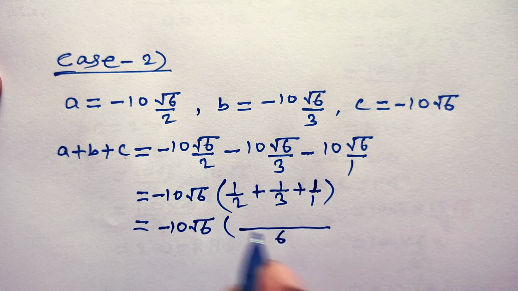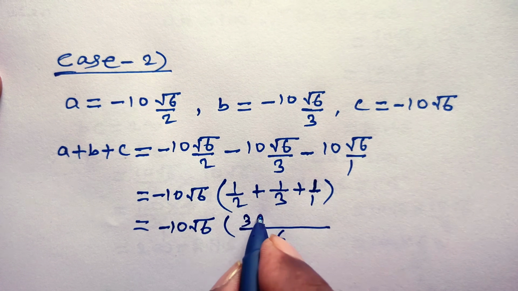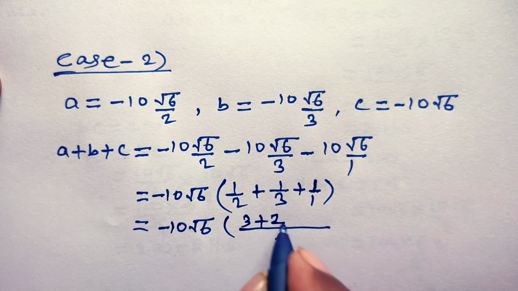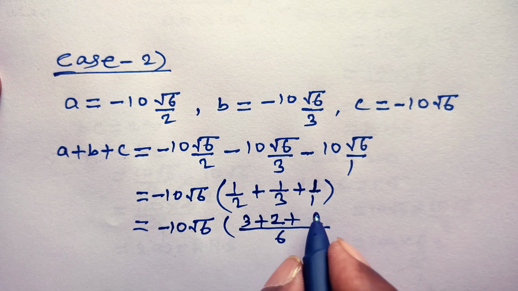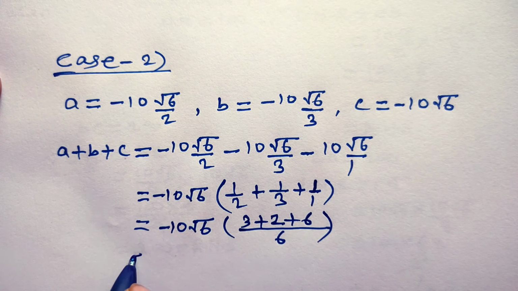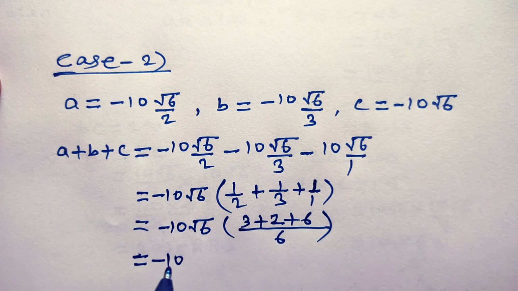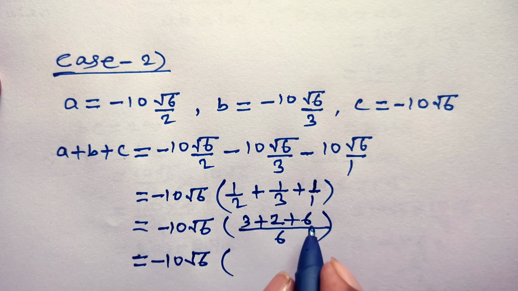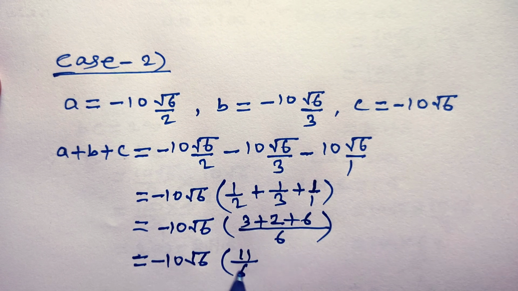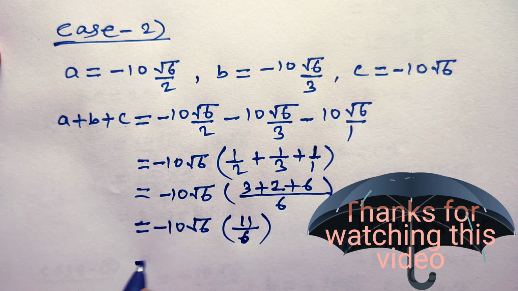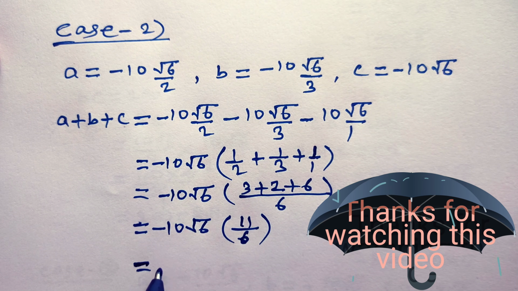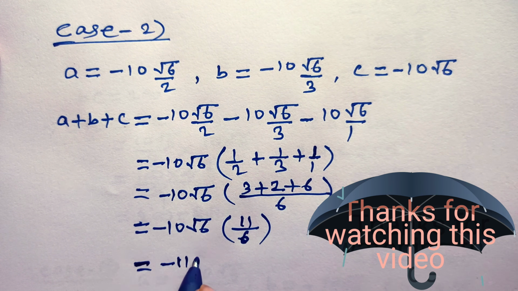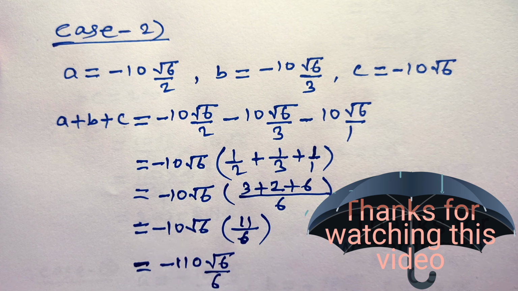So this is equal to minus 10 times square root of 6 into bracket. LCM is 6. 2 3 ja 6, 3. 3 2 ja 6, 2. 1 6 ja 6, 6. This is equal to minus 10 times square root of 6 into bracket 3 plus 2, 5 plus 6, 11 divided by 6, is equal to minus 10 into 11, minus 110 square root of 6 divided by 6.